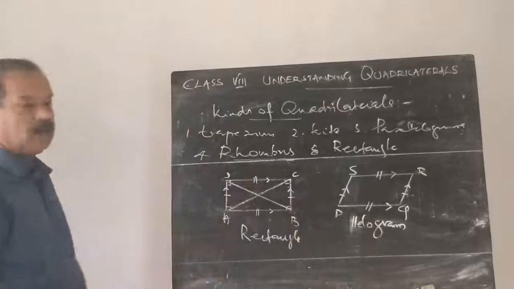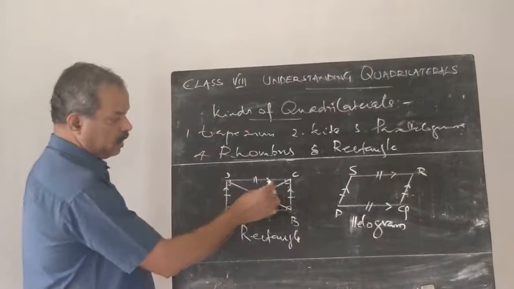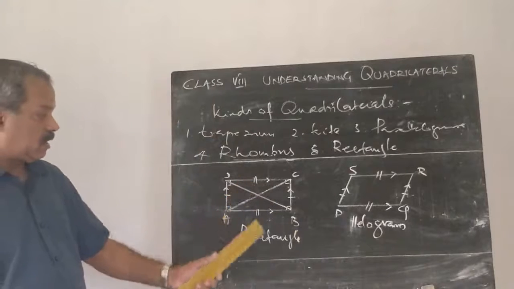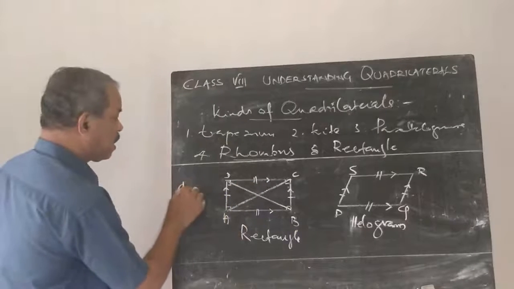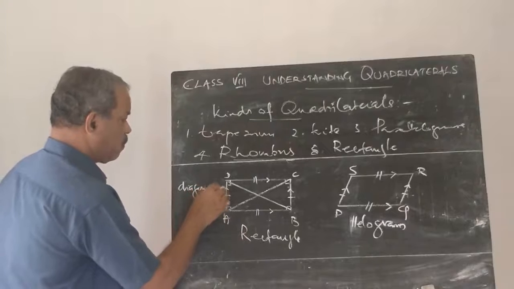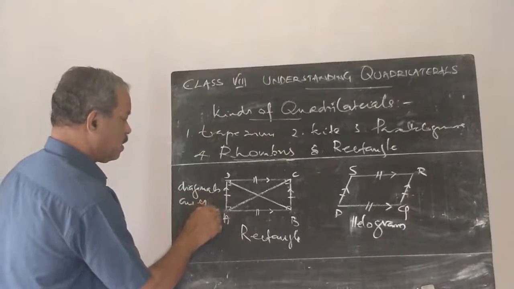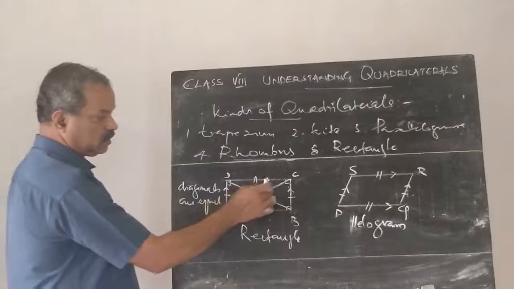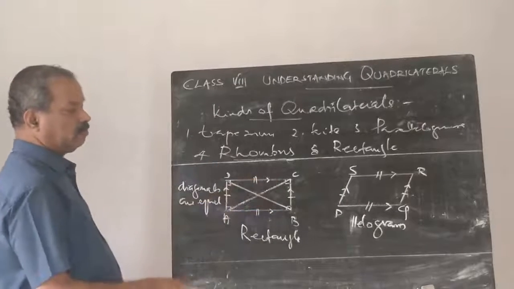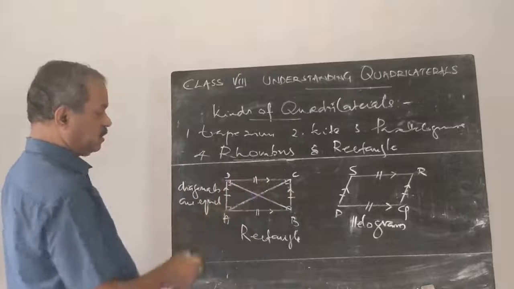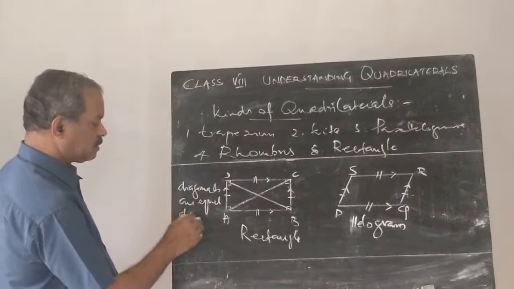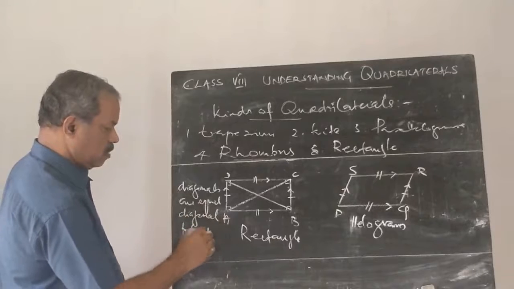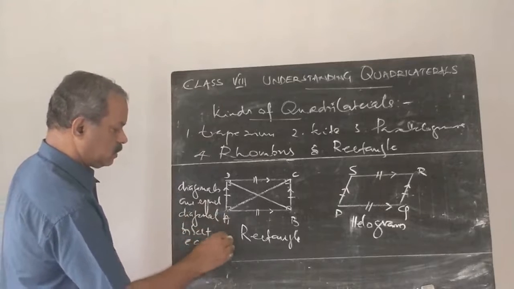Here the diagonals are equal. In a rectangle, diagonals are equal. Also, since this is a parallelogram, the diagonals bisect each other.